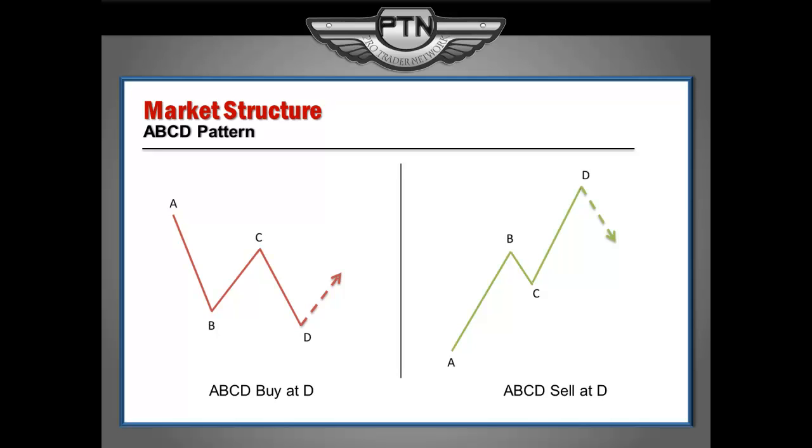Moving to the right, we would have an impulse leg AB, a retrace from B to C, and then a continuation from C to D that equals the distance and approximately the time of A to B. And in this particular example, we would be selling at D. So let's get right to that Aussie dollar chart.